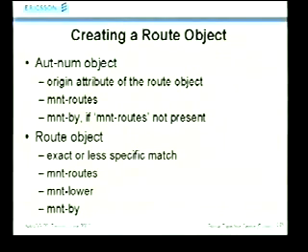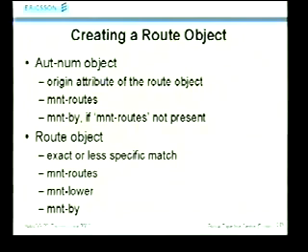Creating a route object. I've actually discussed this in two different ways here. So, to create a route object, the origin attribute of the route object points back to the aut-num object. You have a maintained routes attribute, and if this is not present, use the MNT by attribute in the aut-num object.